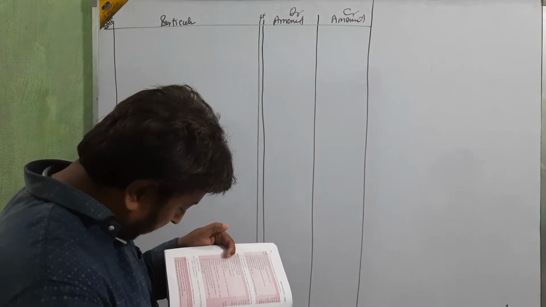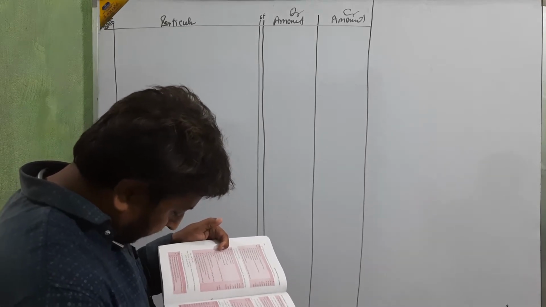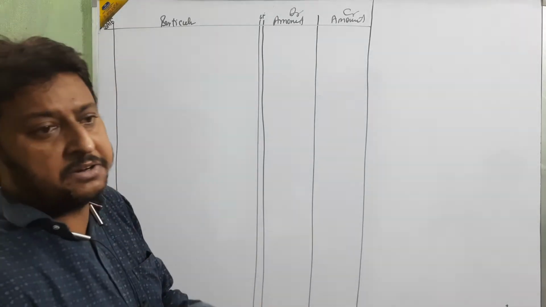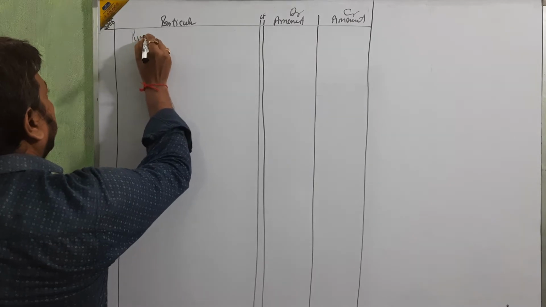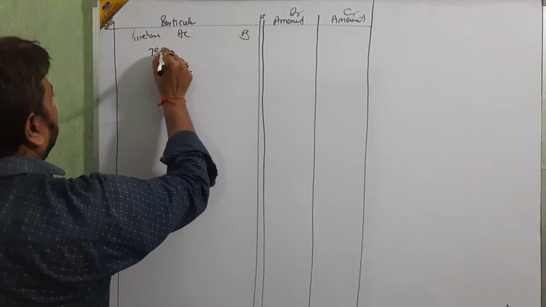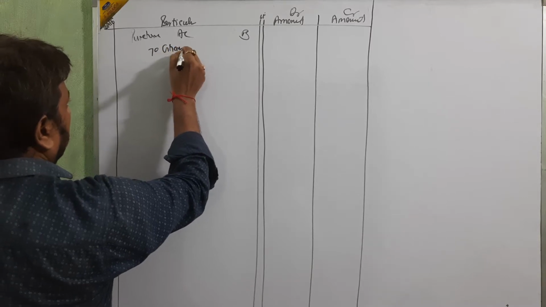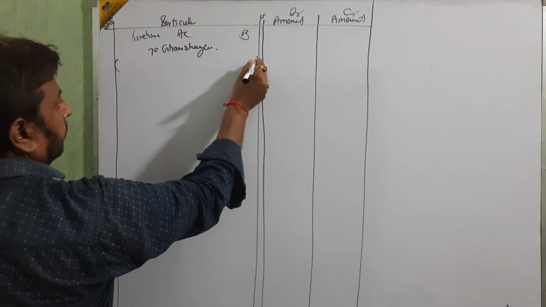Purchased goods from Ghanshyam at the list price of 50,000, 15% trade discount. So the purchase account is debited to Ghanshyam.